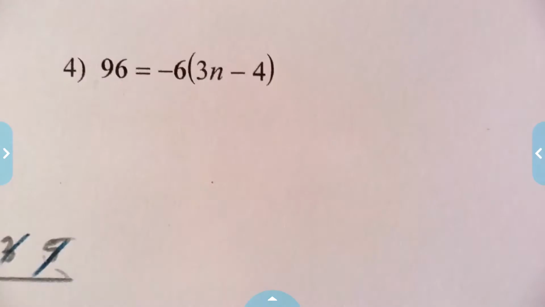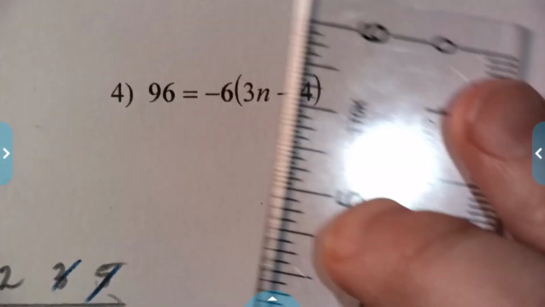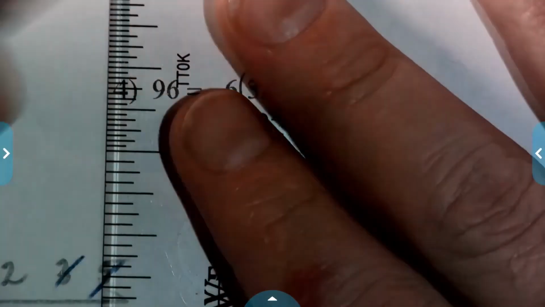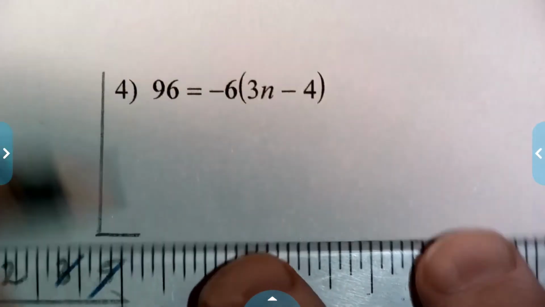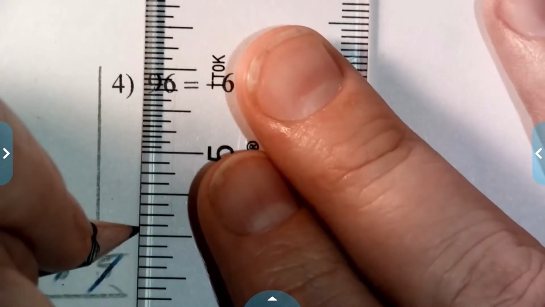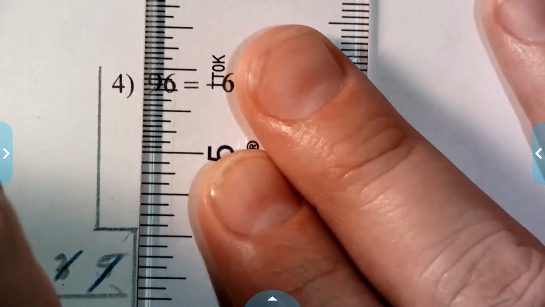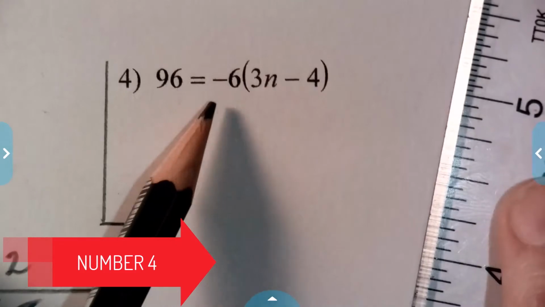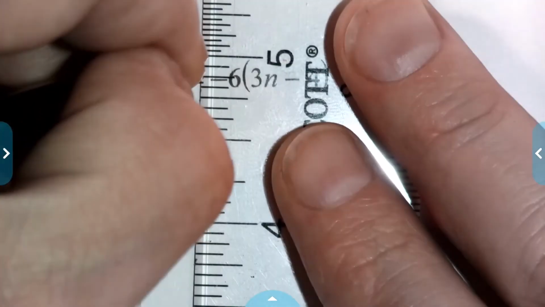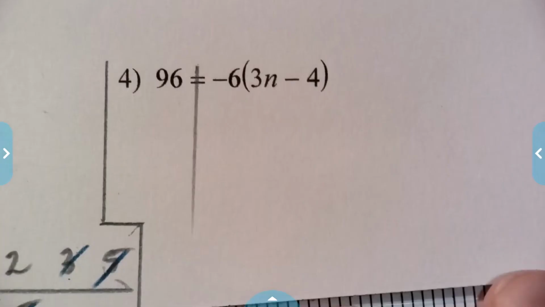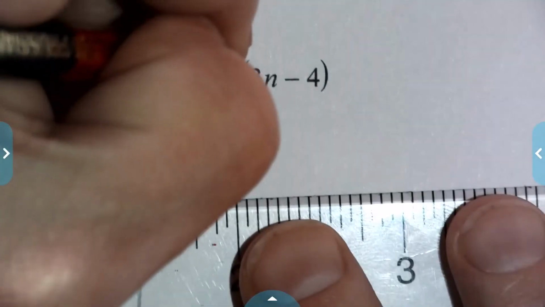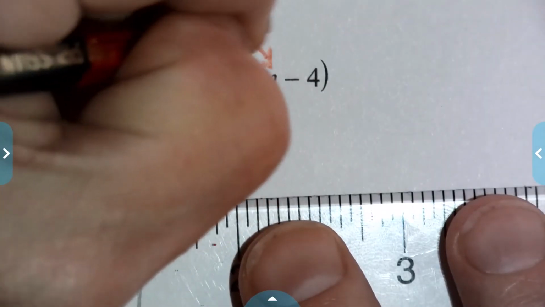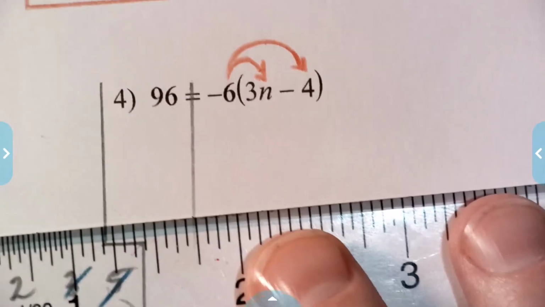Okay. Moving on to number 4. We need to kind of carve out our workspace here. Okay, so we have 96 equals this. We're going to distribute the negative 6 to both of these terms.